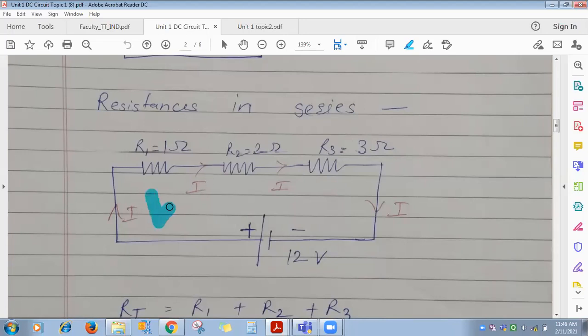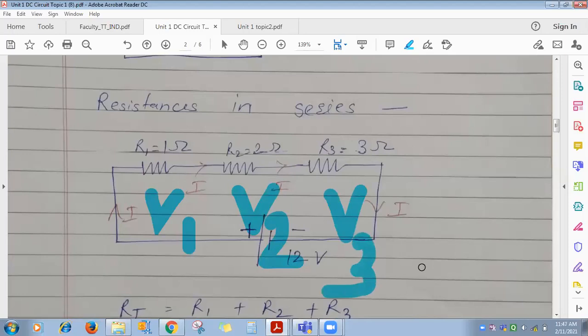Suppose I assume V1 is the voltage drop across R1, V2 is the voltage drop across R2, and V3 is the voltage drop across R3. How much will be V1? 2 volt, because resistance is 1 ohm and the current flowing through it is 2 ampere.